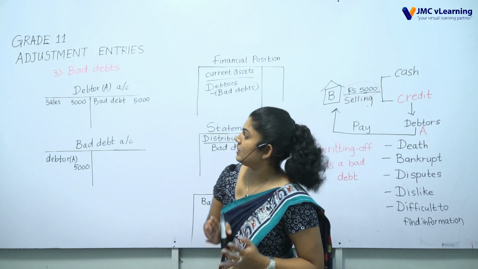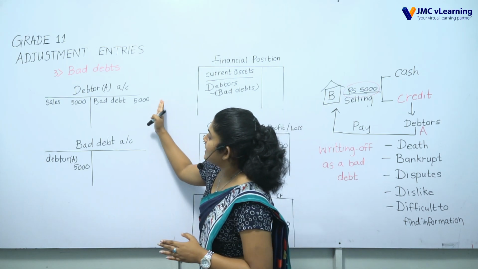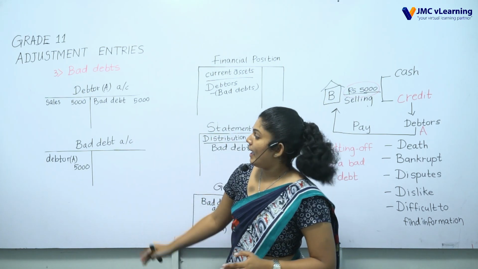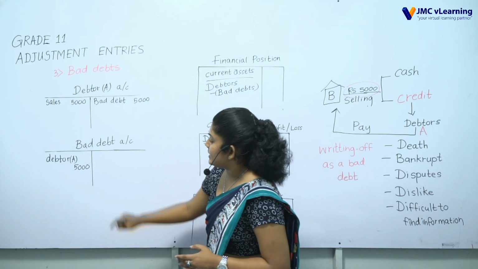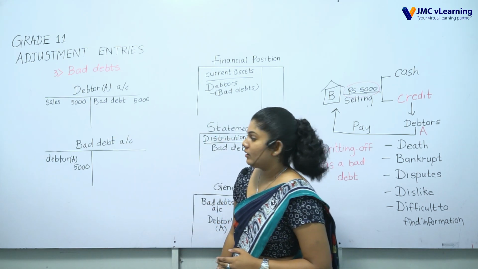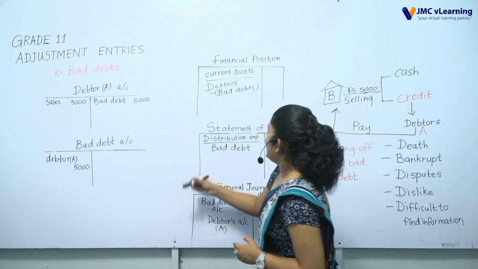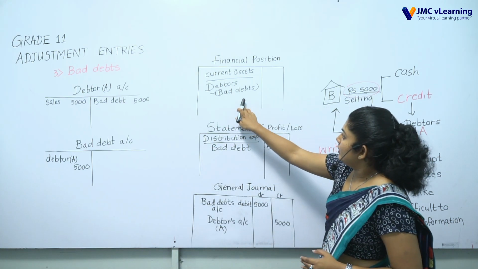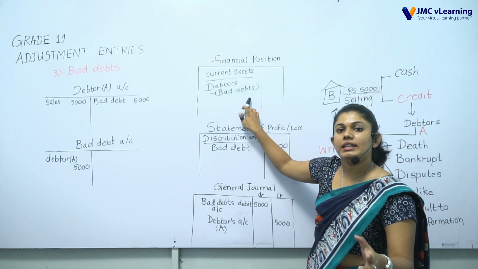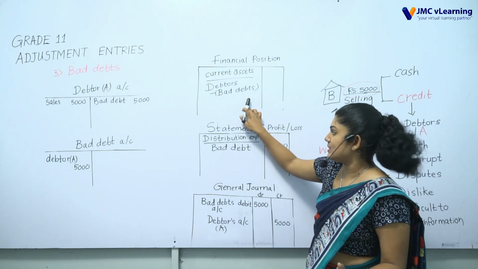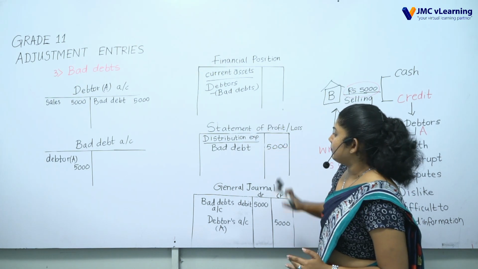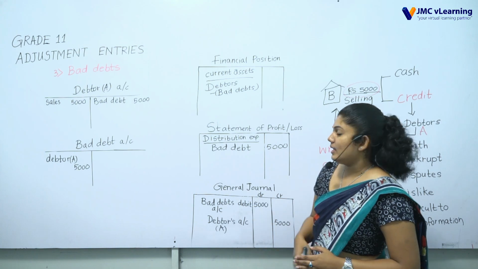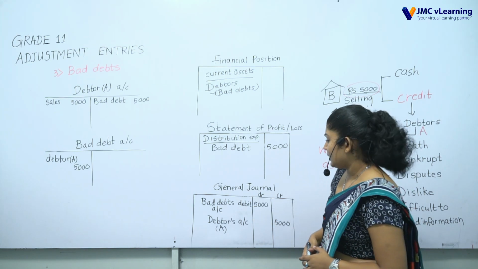Writing off can be done by cancelling the debtors account and recording it as a bad debt. Then we have to show here the debtor balance accurately after removing bad debts, and in the statement of profit or loss, bad debt as an expense.